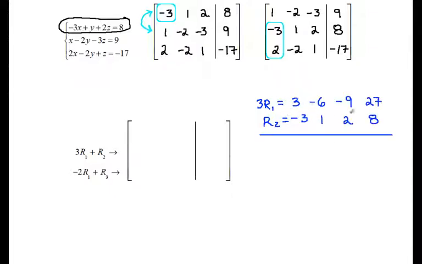So I've multiplied each entry in row 1 by 3, and I have left row 2 alone. When I add these together, I get that 0 that I was going for in the first position, followed by -5, -7, and +35. This is going in row 2, where I put the description of the transformation.